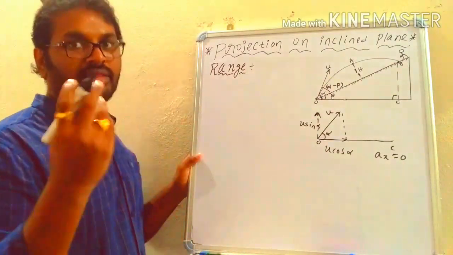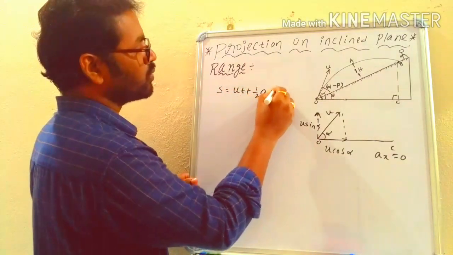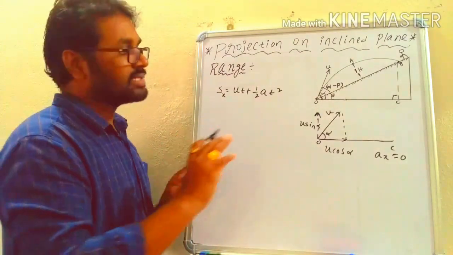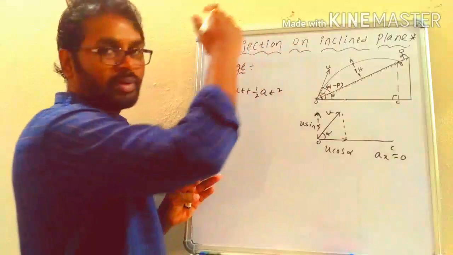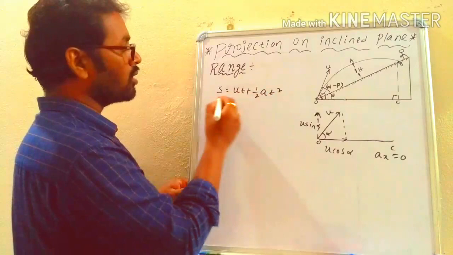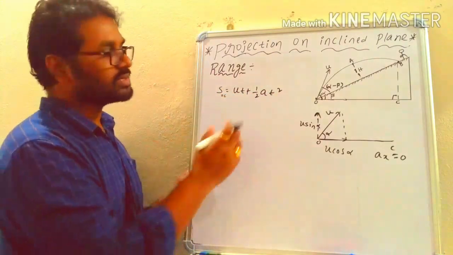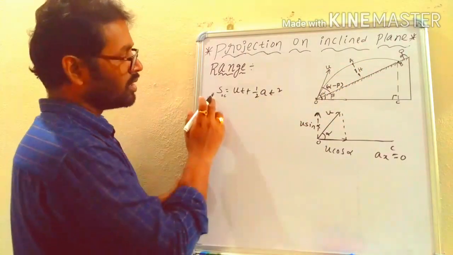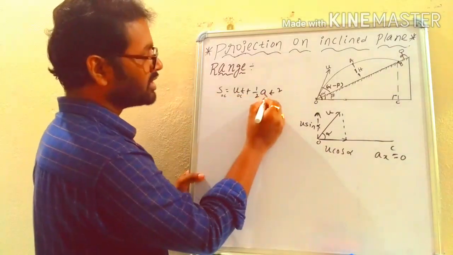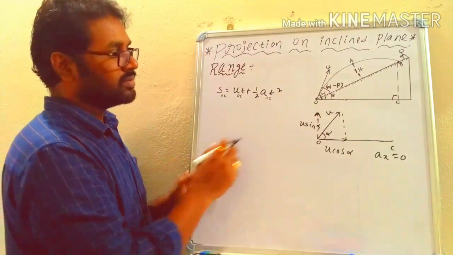For that, we need an equation, which is S is equal to ut plus half at square along the x-axis. So be careful. Already we are taking the x-axis and y-axis along the plane and perpendicular to the plane. So rather than using the x-axis, you name it as along the ground, or we can say along the line OC. So the displacement along OC is the distance OC, with initial velocity along the line OC and the acceleration along the line OC. How much is the displacement?